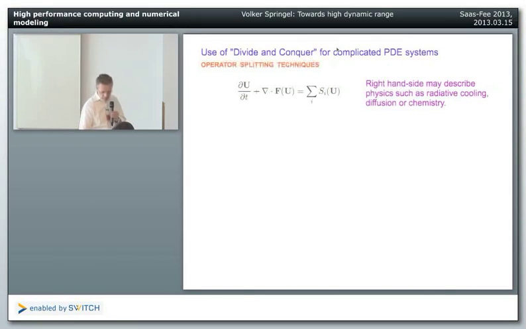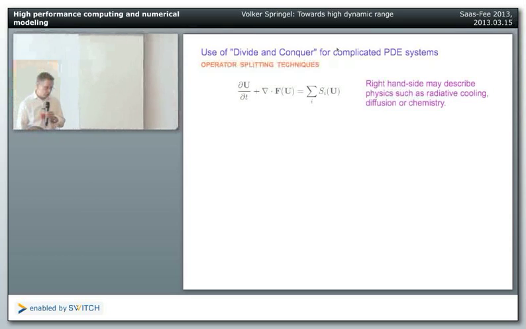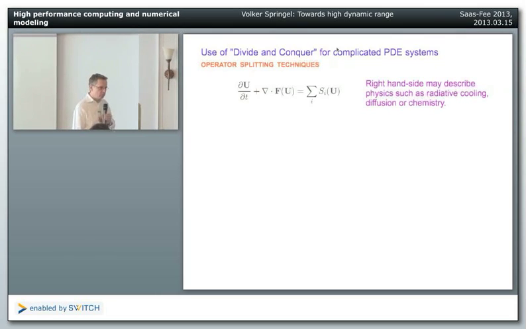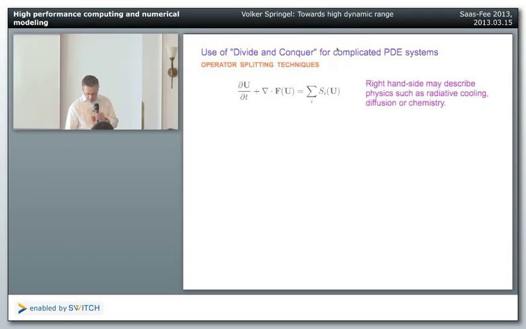Before I do this, however, I want to discuss once more the operator splitting approach to deal with the time integration of multiphysics problems. We have already seen this twice in my lecture and also in Ralph's lecture. I want to formalize this a little more so that you understand the mathematical basis better.